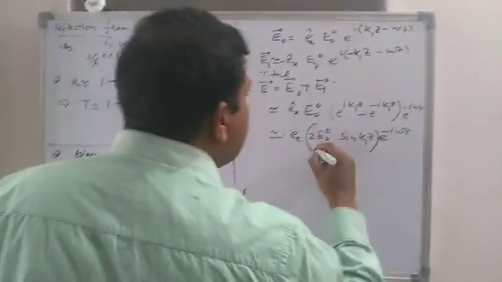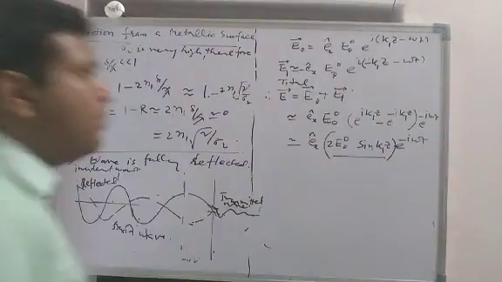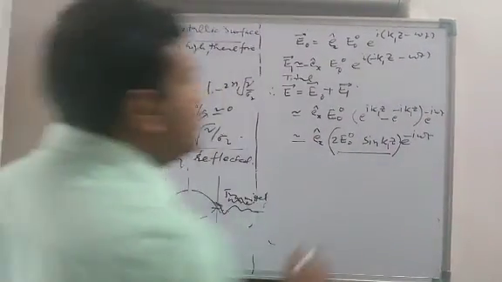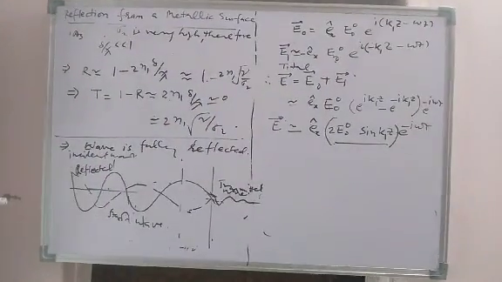So that is the kind of amplitude we have for this particular wave. So obviously this tells by how much factor the wave will get attenuated. Okay.